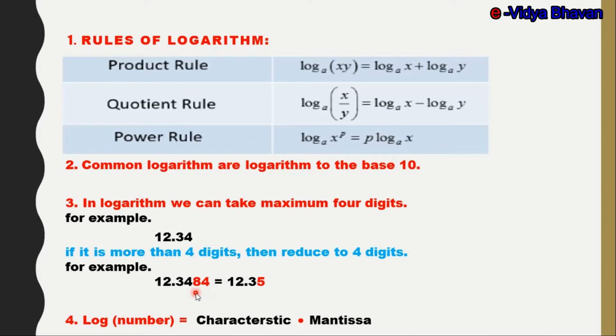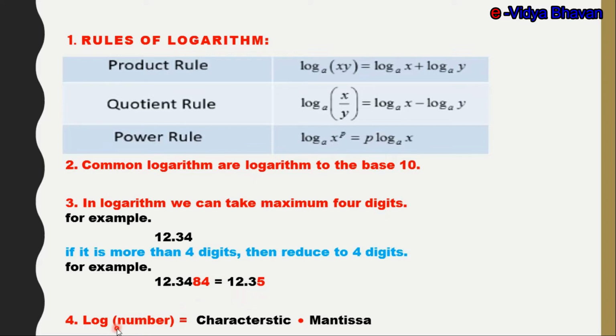But if you see the fifth digit, it is 8. This number is greater than 5. So the number before the 8, this is 4. So here we have to add plus 1, that is, 12.34 will become 12.35. So you can say in lower classes you have studied rounding up to 4 digit numbers. So that concept you have to use.